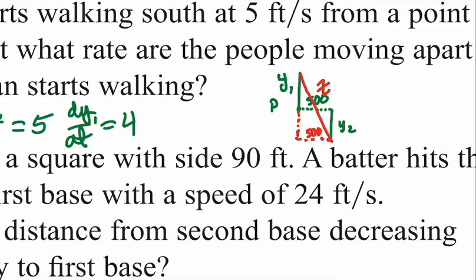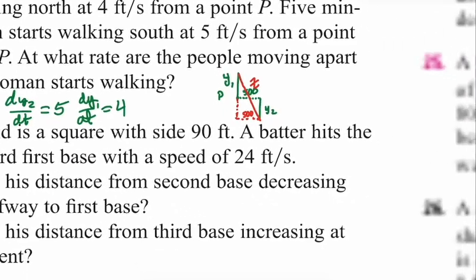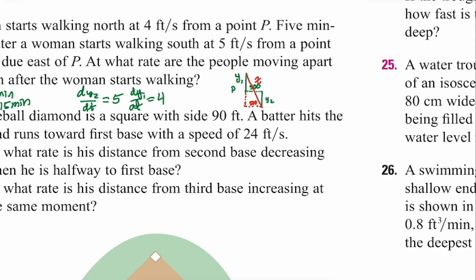This is Z. So here's your equation, okay? We know that (y1 plus y2) squared, that's that tall length, plus 500 squared equals Z squared. You do have to use the chain rule for that, or distribute, or whatever. I would use the chain rule.